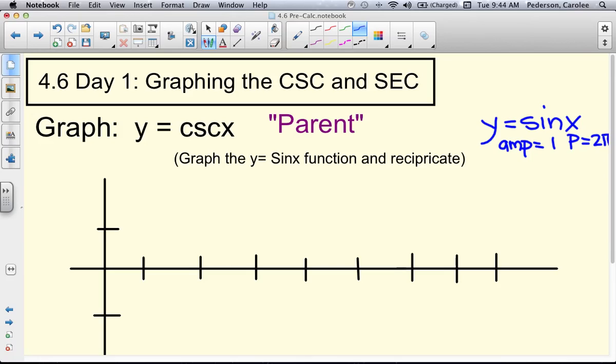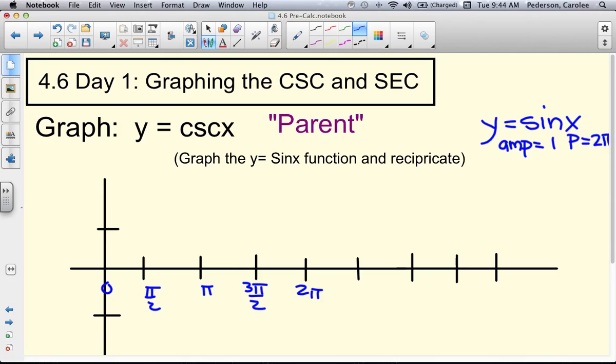So then I'm going to just graph that in blue. So I start with 0, and I go to 2 pi. I split up in 4 equal parts. So halfway is pi, halfway again is pi over 2, and 3 pi over 2.